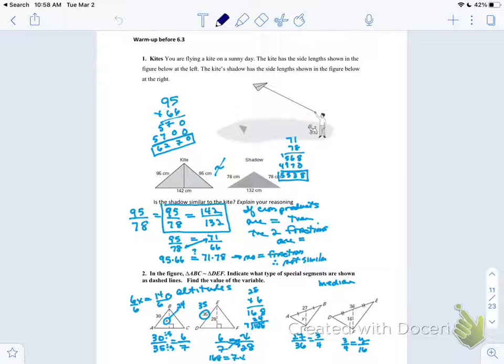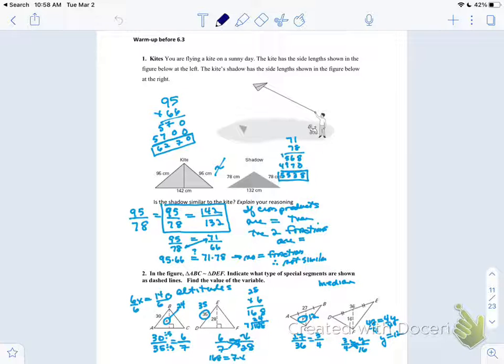So I'm doing my cross products, right? So 3 times 16 is 48, has to equal 4y. Divide by 4, divide by 4, and y equals 12. So this is now 12.